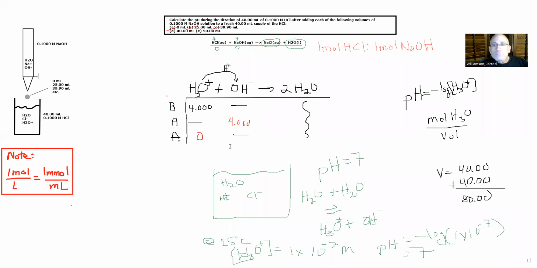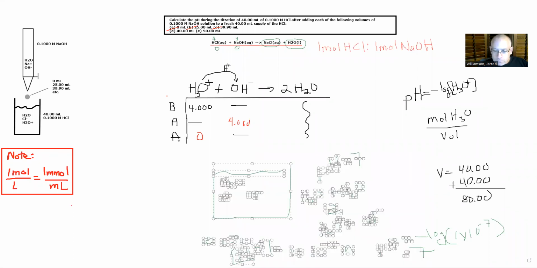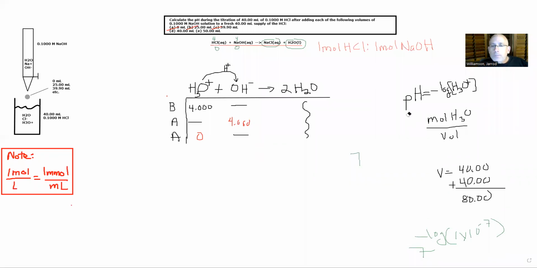Next question. What happens when I add, right? Last one. This is a whole test in itself, right? What happens when I add 50 mils? We did this one. When I add 50 mils, the volume will be 50, right?